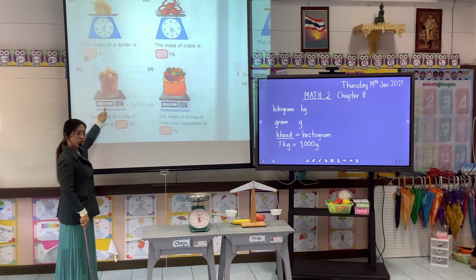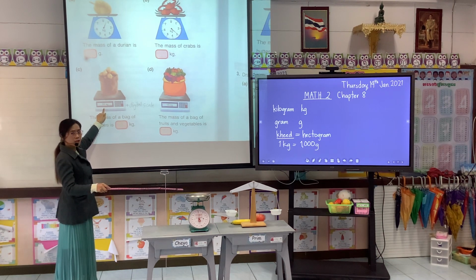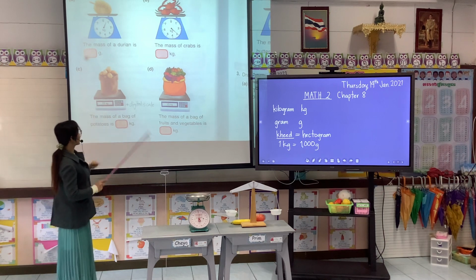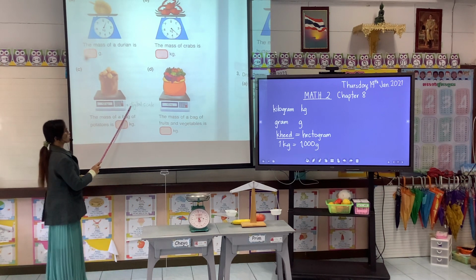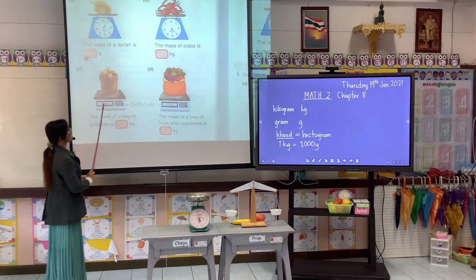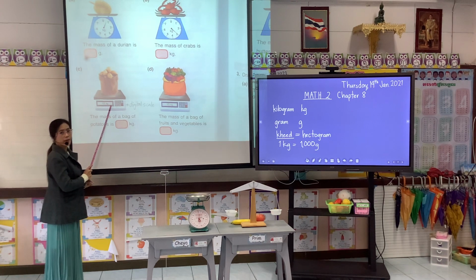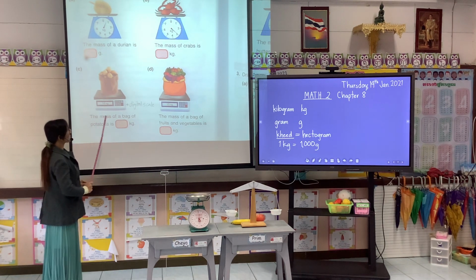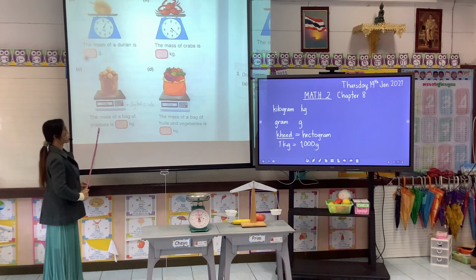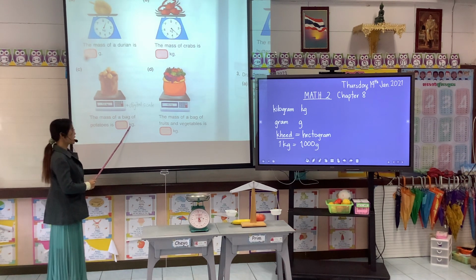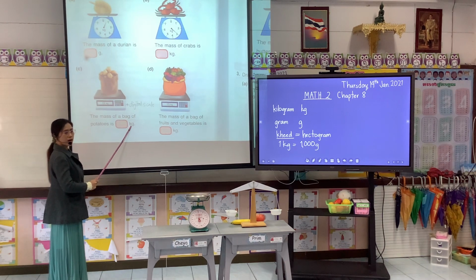So it is easier than reading the spring scale. The digital scale shows 12 kilograms. So the mass of a bag of potatoes is 12 kilograms. Again, the unit is kilogram because it's heavy.